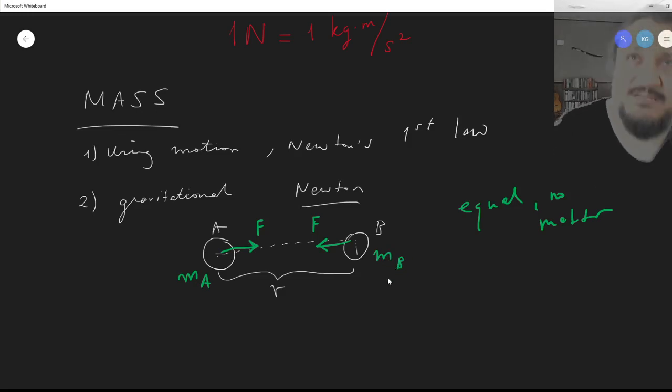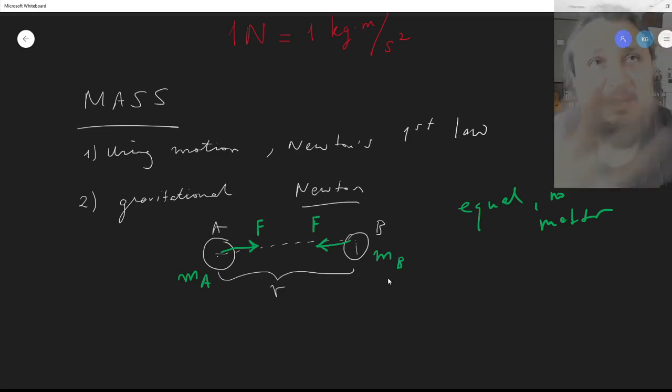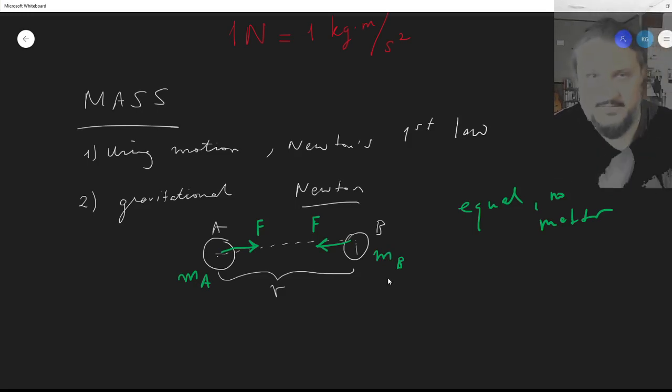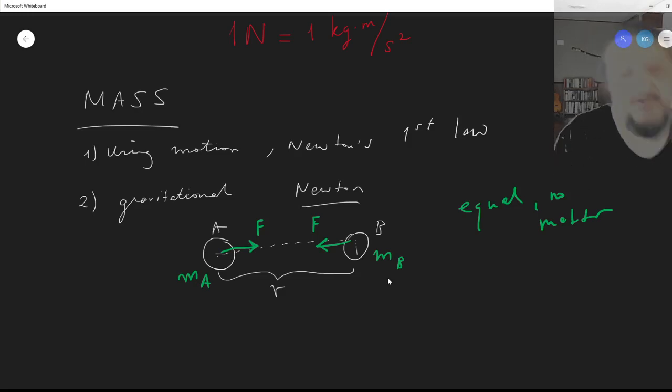Okay, mass is about pretty much how much material you have contained in that volume. That's a really rough description of mass, but in the context of gravity, the number that represents the mass has a specific role.